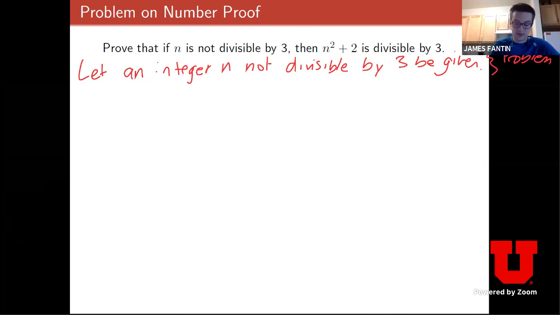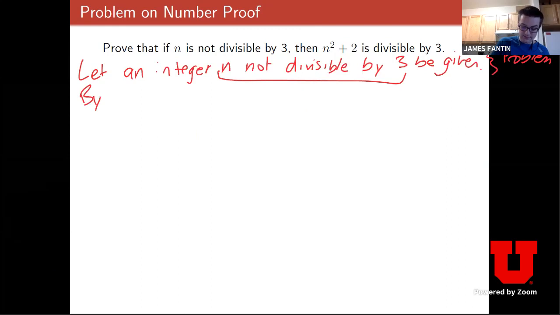Next step would be to open up the definition. So what does it mean to have an integer not divisible by 3? Yes, David's correct, it could be 3k plus 1. Using the division theorem, the remainder is not going to be 0, but there's also another case: 3k plus 1 or 3k plus 2. Perfect.